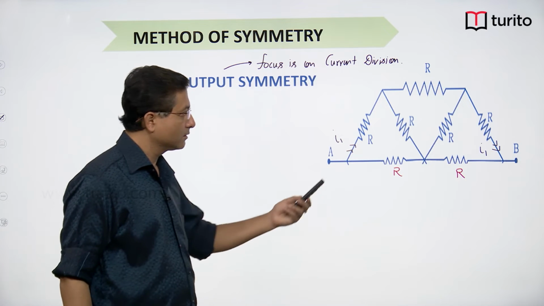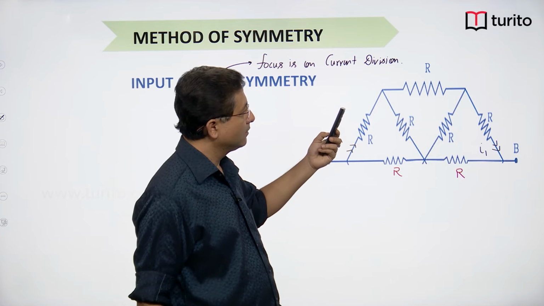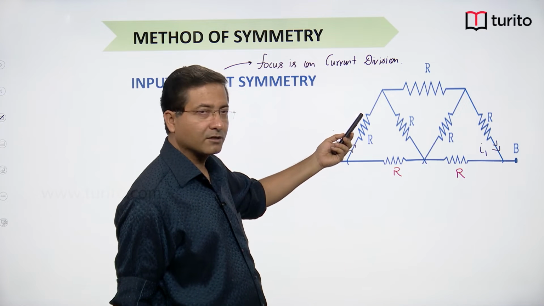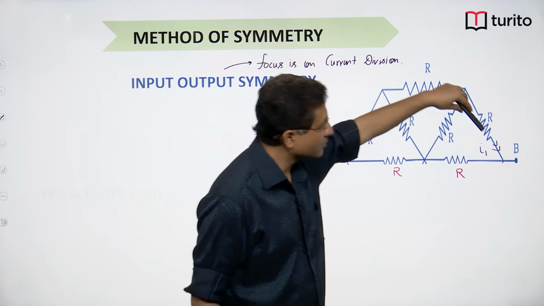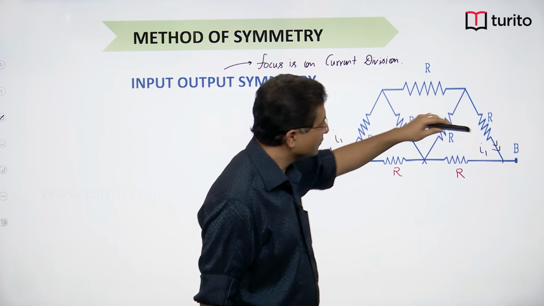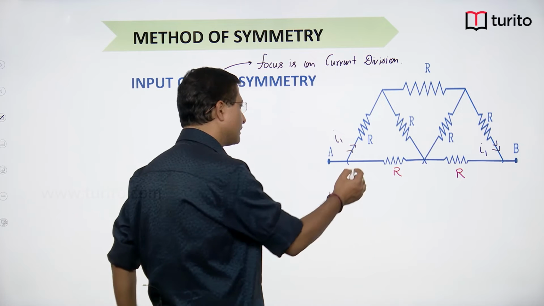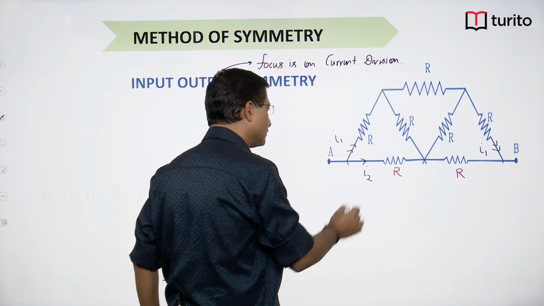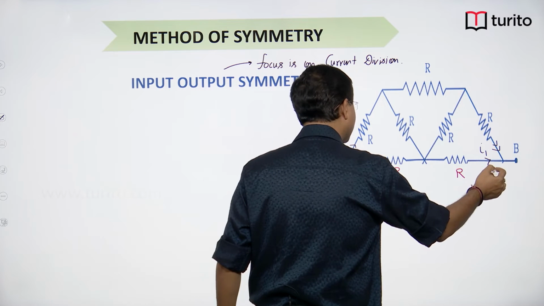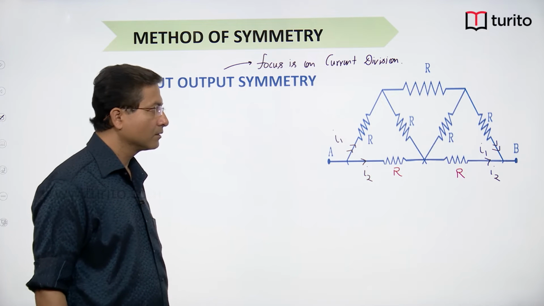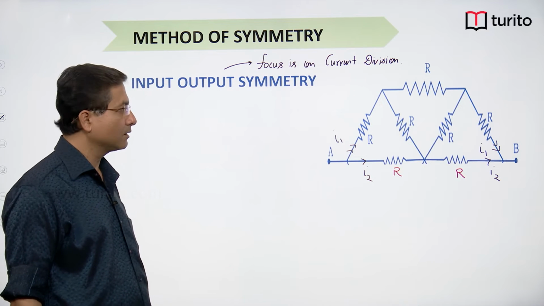because this branch is the same as this branch, right. So whatever it takes, it will deliver back. Similarly whatever it takes, let that be I2, that will be delivered back. Okay.